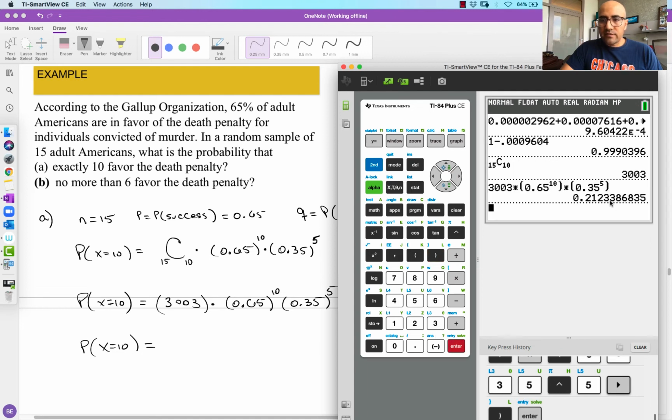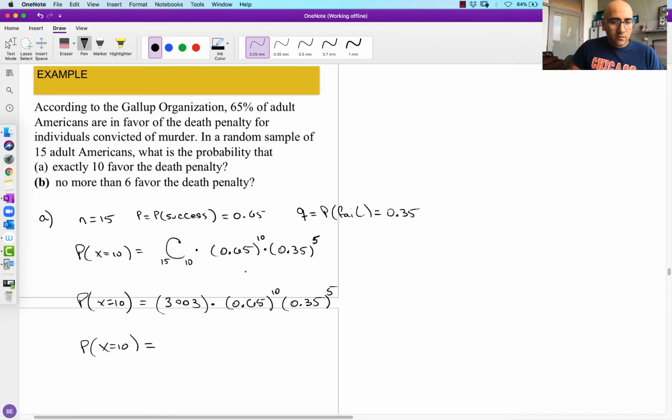Enter, and there it is. Our answer is 0.2123. Okay, so here's our answer.